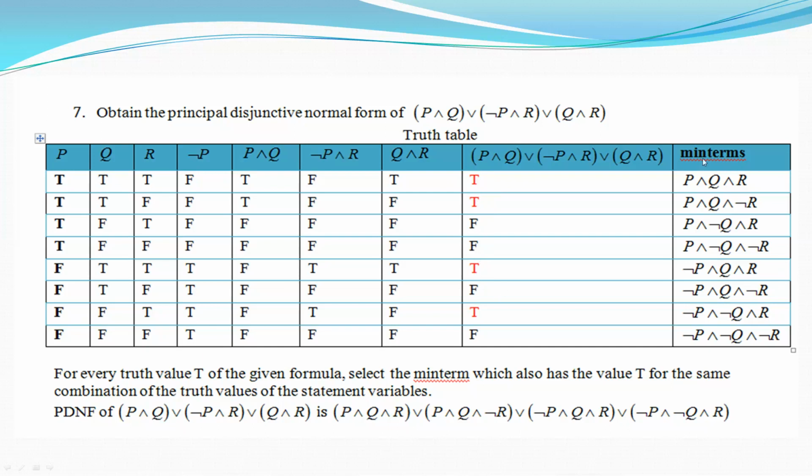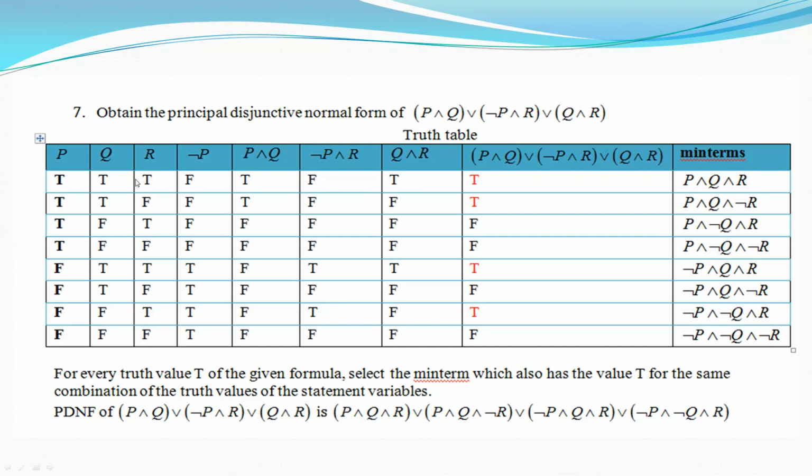Okay, and then you have to write minterms. Minterms in the sense, you have to take the combination of these variables also true. That is, take the conjunction and make it true. This combination is true when P, Q, R are all true.